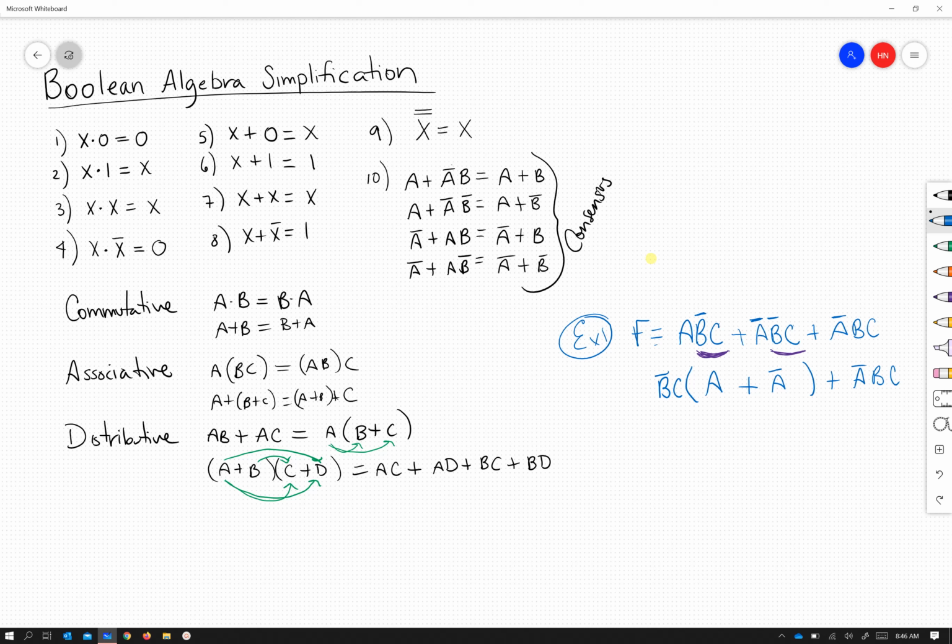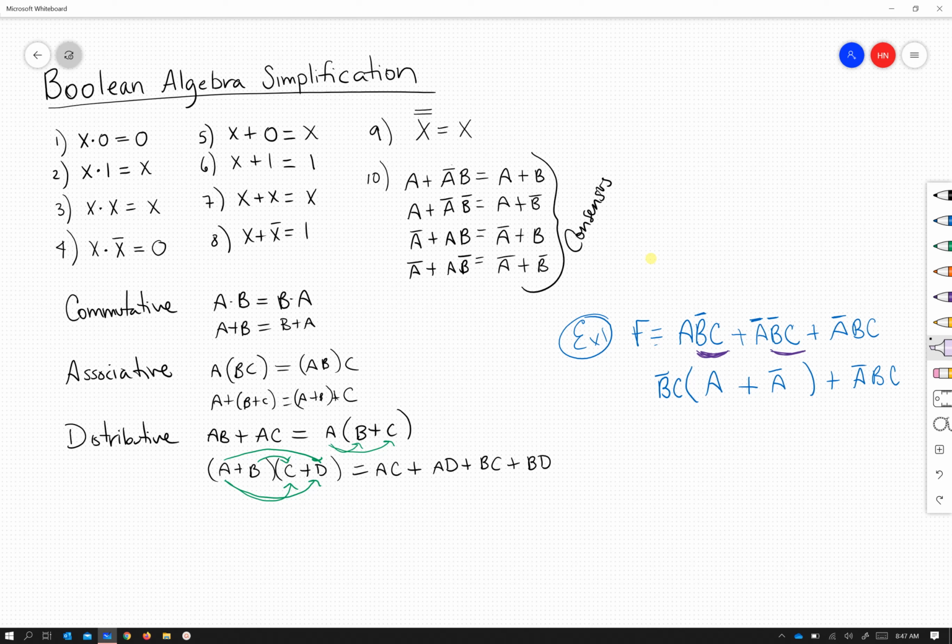All right, hopefully we did that one right. What we did is use the distributive property to take something that was in common with these two terms. We're on a new line, so we repeat the process. Rules 1 through 10. Do you see a 0? No. Do you see a 1? No. Do you see doubles?